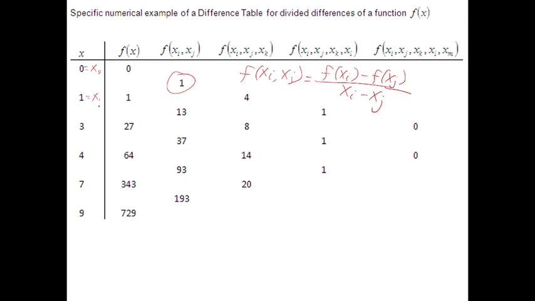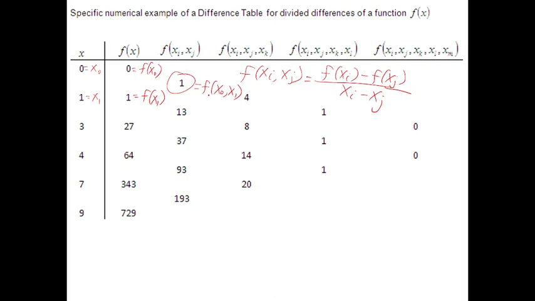This is x sub 1. This is f of x sub 0. This is f of x sub 1. This is f of x sub 0, x sub 1. Okay, this is f of x sub 0, i is 0, and j is 1 here.